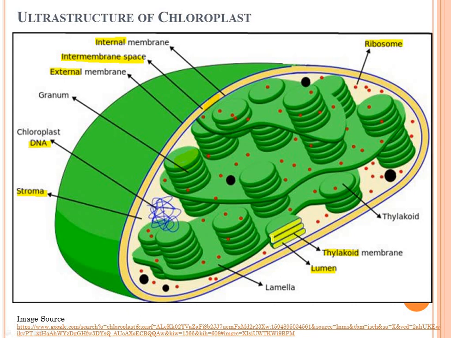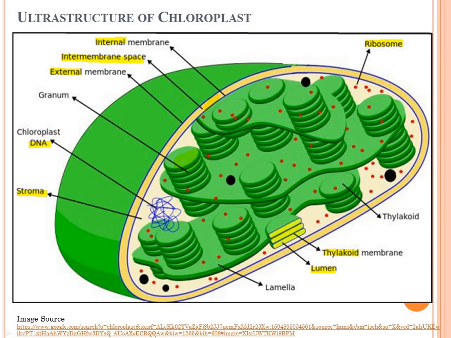They are responsible for the photo part. And the second one is the Calvin cycle, also known as the C3 cycle. Why is it called the C3 cycle? Because the first stable compound formed in the Calvin cycle is a 3 carbon compound, the 3-phosphoglyceric acid. Therefore, it is known as the C3 cycle.